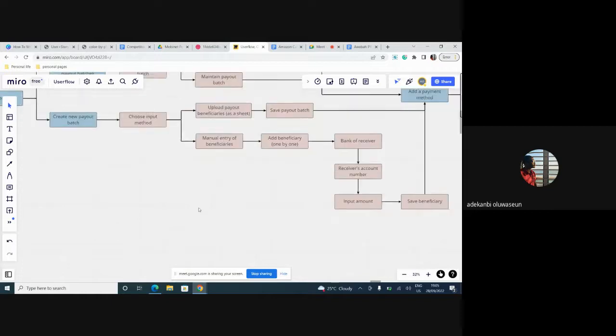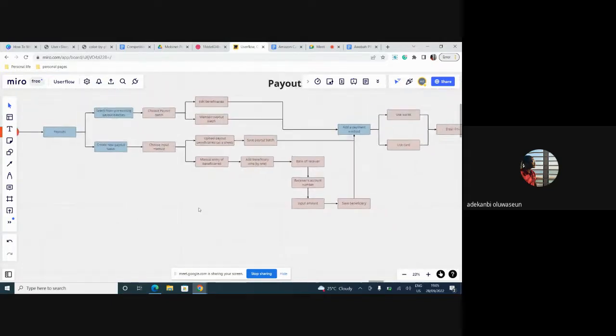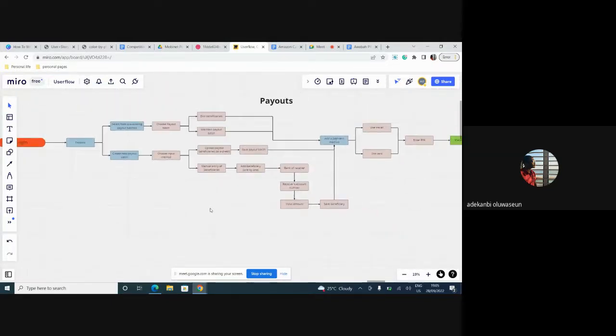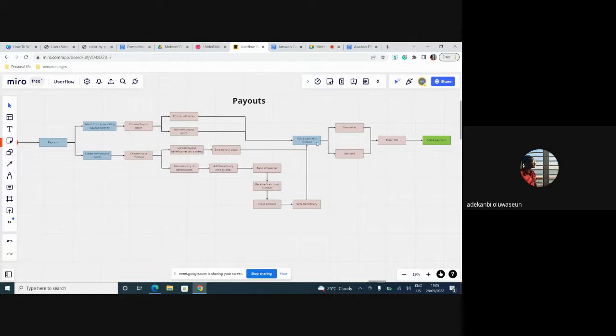So let me show you what I mean. Before you can send money, you must select a batch, a payout batch, the people you want to pay. Now look at the beneficiaries here. You must choose a beneficiary at this point. Then here, you must add a payment method. All of these are part of the payout feature, right? It's still within the payout story.